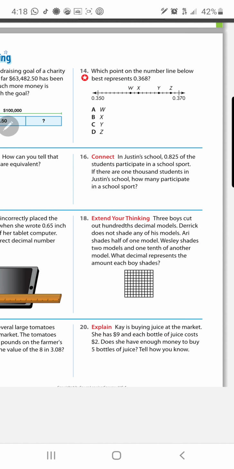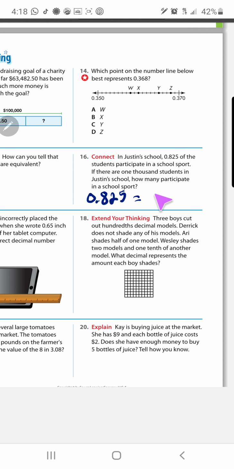Well, again, let's just make sure that we read that carefully. It says, in Justin's school, 825 thousandths of the students participate in a school sport. If there are 1,000 students in Justin's school, how many participate? Well, here's the deal. If you know that 825, let me go ahead and write that down as a fraction.